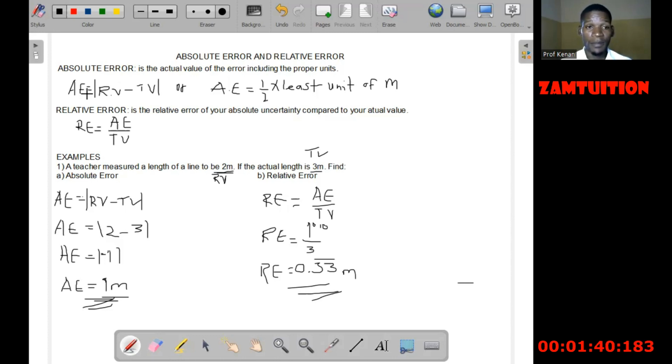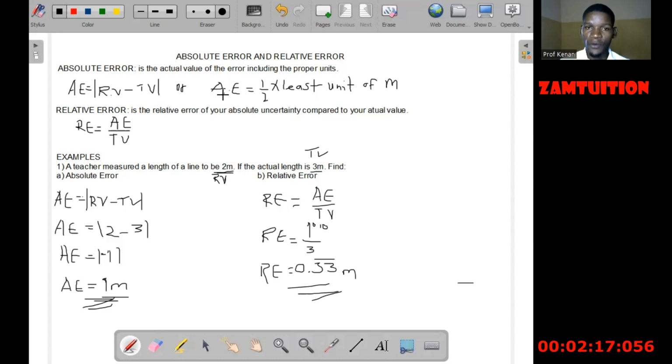So we say absolute error is equal to the recorded value take away the true value, and then the magnitude. These two bars stand for the magnitude. I'll explain what these bars are doing.